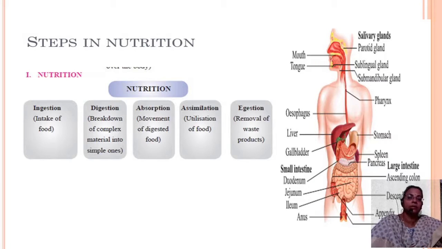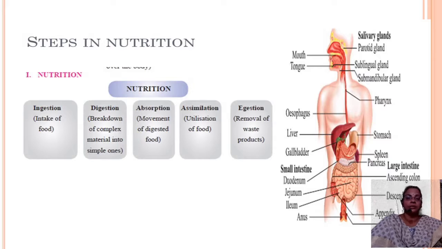Within the cell, this glucose will be converted into energy, and as a result carbon dioxide will be eliminated. So the utilization of the food for the release of energy, that step is called assimilation, or else we can say it is cellular respiration itself, breaking down the glucose to release the energy.